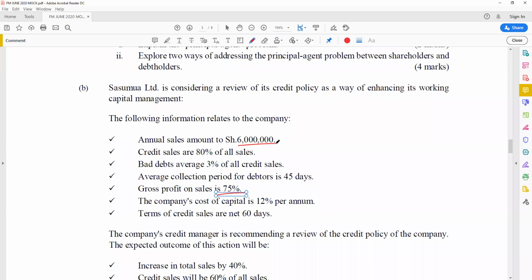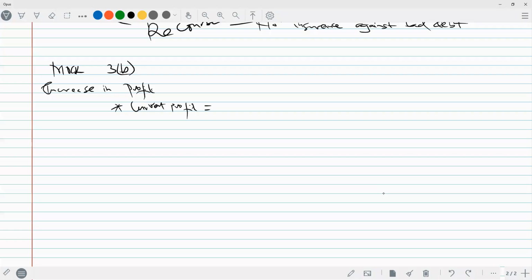Currently, therefore, the gross profit is 25% of 6 million, which gives us the current profit the company is making: 4.5 million. Yes, currently the company has a profit of 4.5 million.